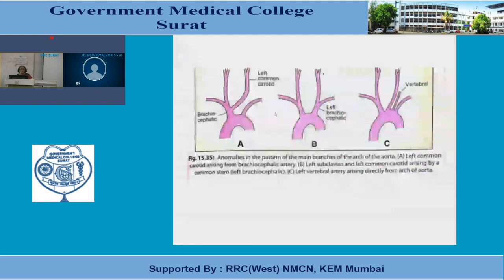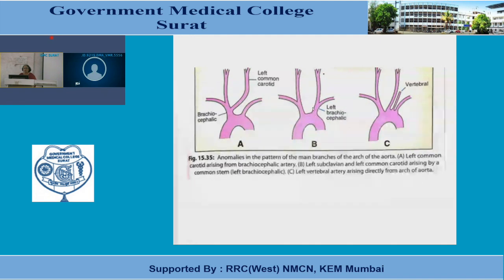Now here are the anomalies of the pattern of the main branches of the arch of aorta. Number 1, A indicates the left common carotid, which arises from the brachiocephalic artery on the right side. The left subclavian artery and the left common carotid artery may arise from a common stem, the left brachiocephalic.